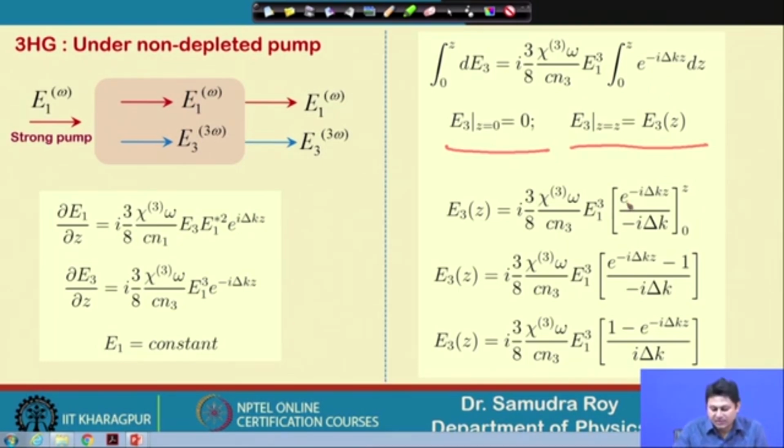It will be, as usual, e to the power of minus i delta k z divided by minus i delta k, with the limits 0 to z. We put in 0 to z and we can write it as e to the power of minus i delta k z minus 1, because at z equal to 0 it is 1, divided by i delta k with a negative sign.